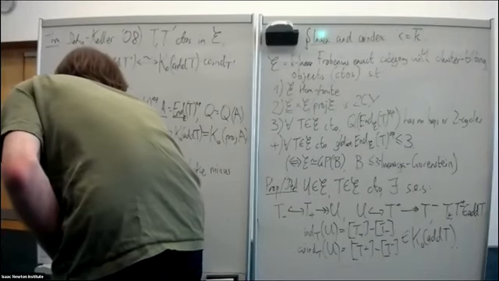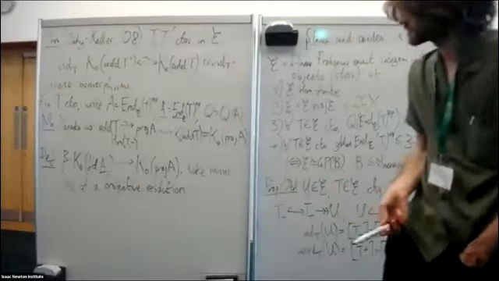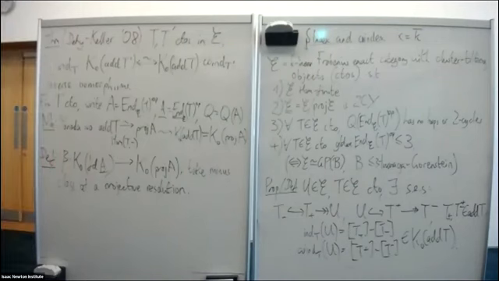So an A underline module is in particular an A module, just one with a restricted support, and A has finite global dimension. So this makes sense to do.